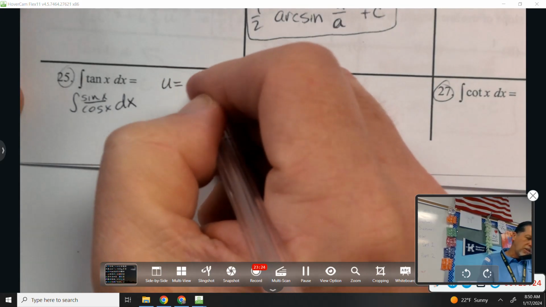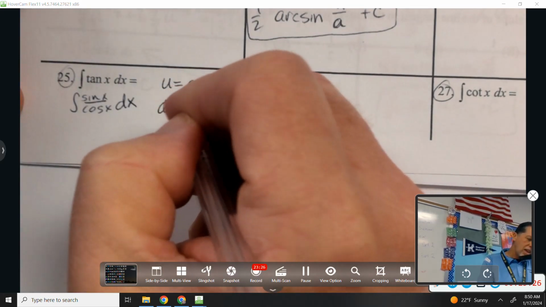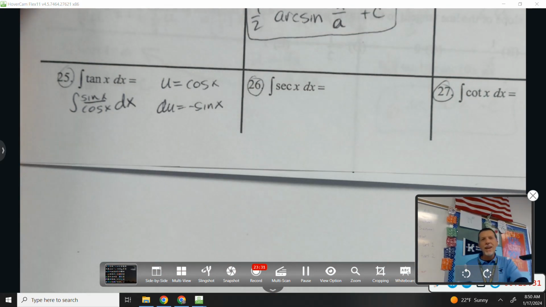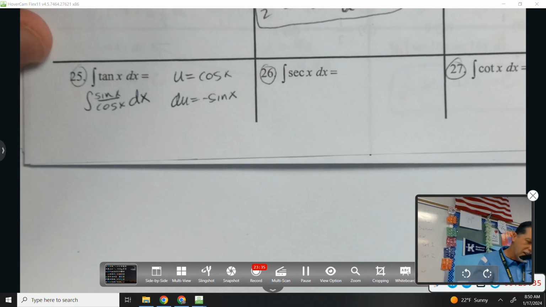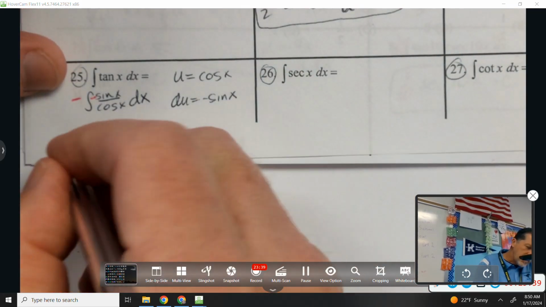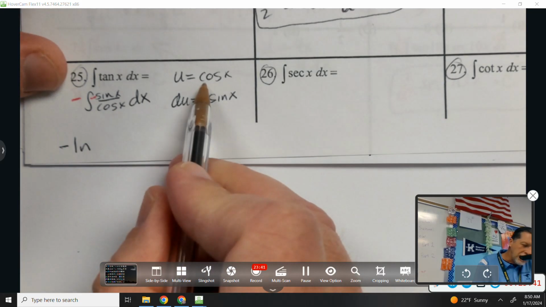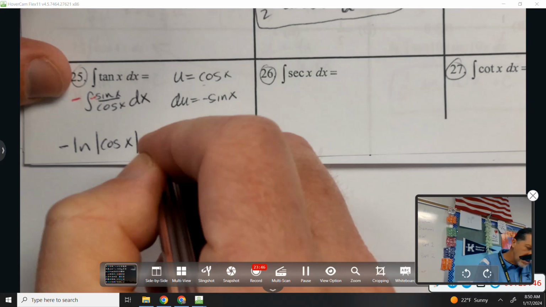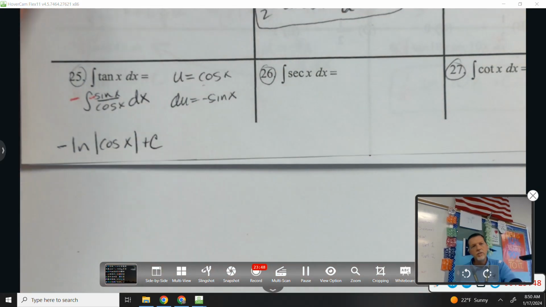Maybe I should just eventually memorize the thing. I know it's natural log, but I can't ever remember if it's natural log of what, and it's a plus or minus. So I need a negative sign in there. And it would be natural log of u, which is cosine. So negative natural log of cosine of x.